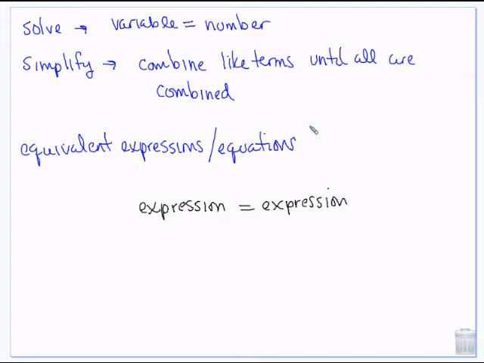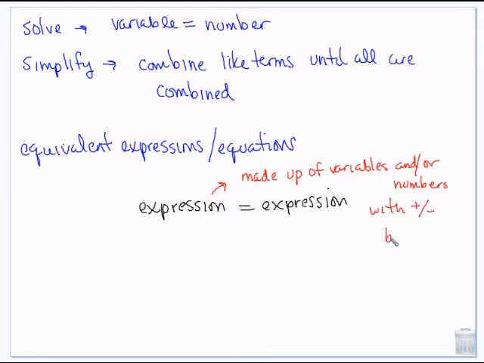Okay, and an expression is made up of variables and numbers. So basically, it's like part of an equation. The expression is made up of variables and or numbers, like a combination of both, and they're separated with pluses or minuses. Okay.